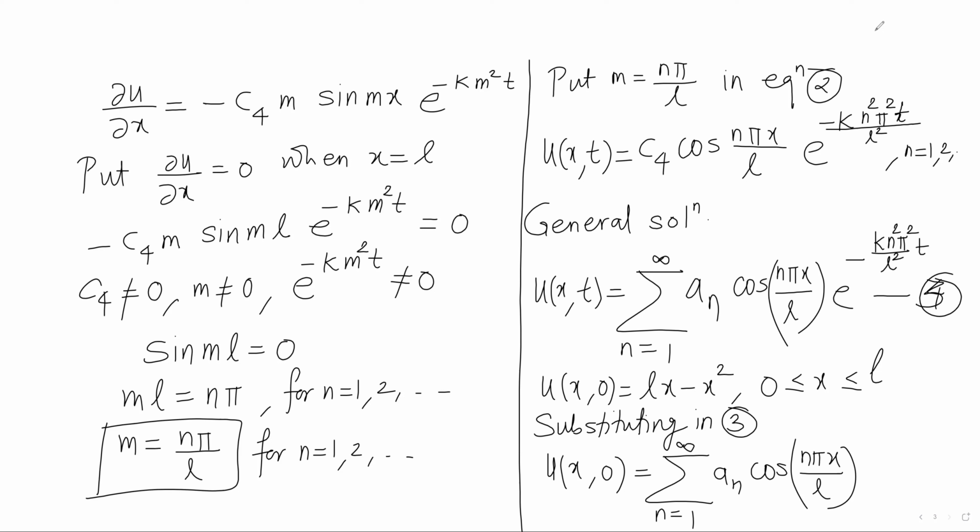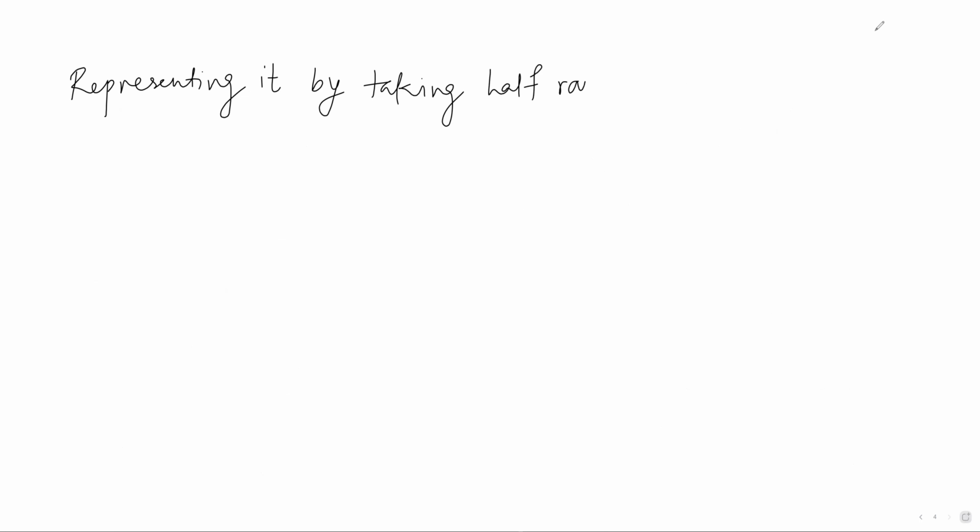So we'll represent this by using the half range Fourier cosine series. This can be written as an.